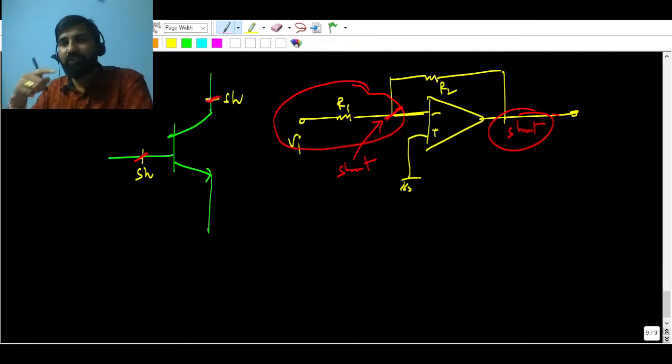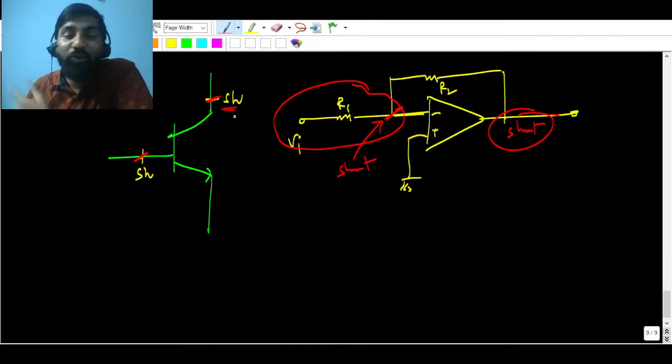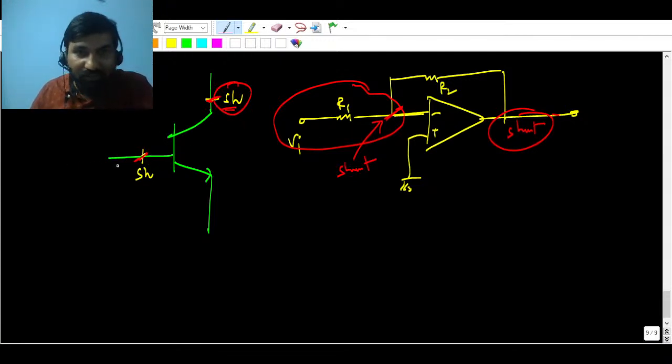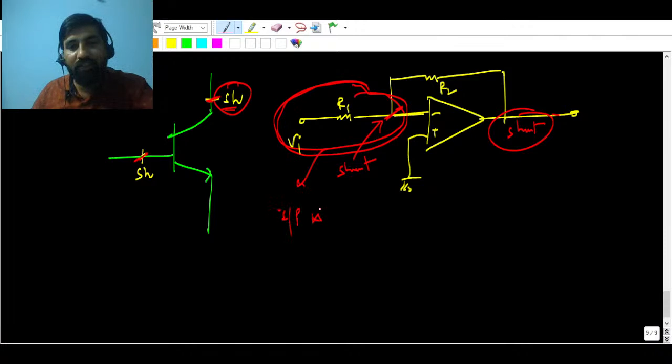In feedback you might have heard about sampling and mixing, right? Sample voltage and mix. So here your output is voltage, and the input is basically current.